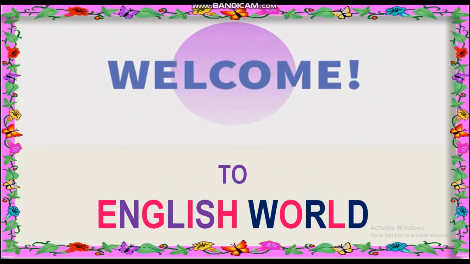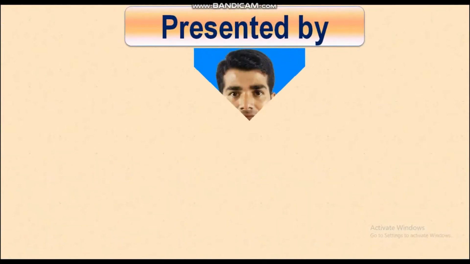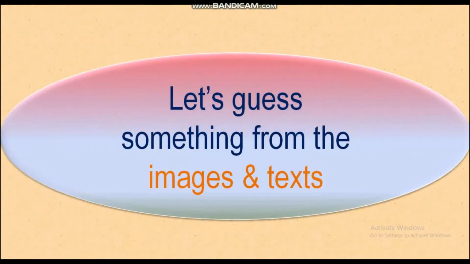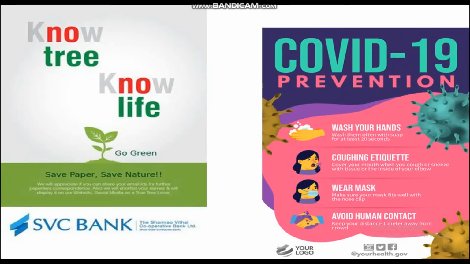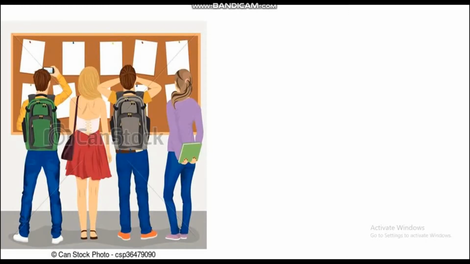Before starting the lesson, dear students, let's guess something from the images and text. What I am now going to teach you, okay? Image number 1, it's an image of handbill. The second one is an image of poster. It's an image of bulletin.